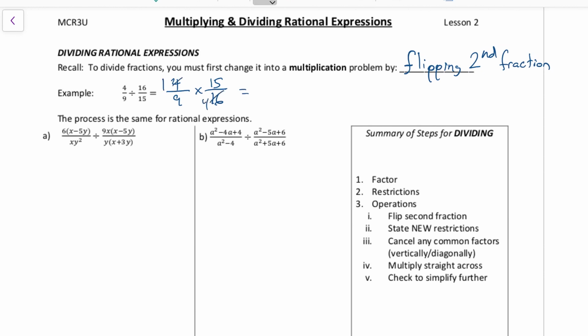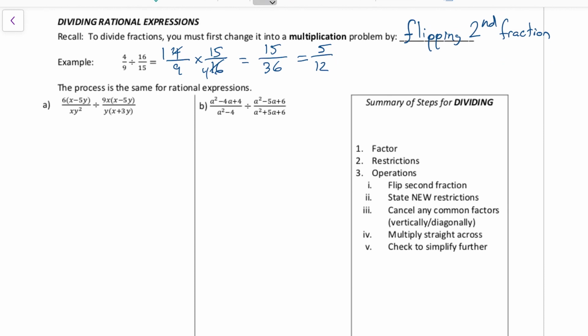So 4 goes into 16 4 times, so I end up with, I guess, 15 over 9 times 4, which is 36. And if I can reduce that, I should, and so I guess I can divide everything by 3. So this becomes 5 over 12. And we're good.